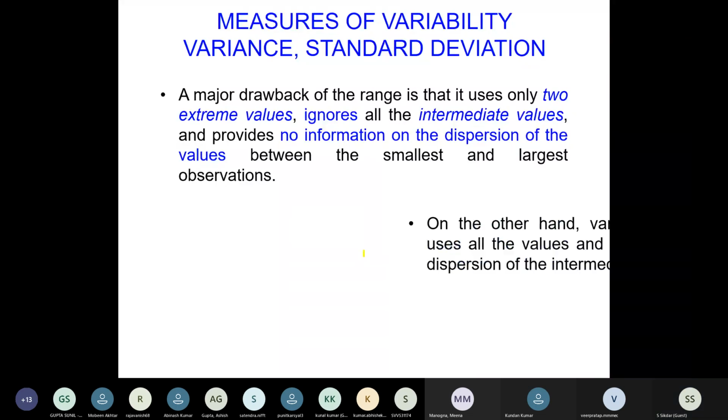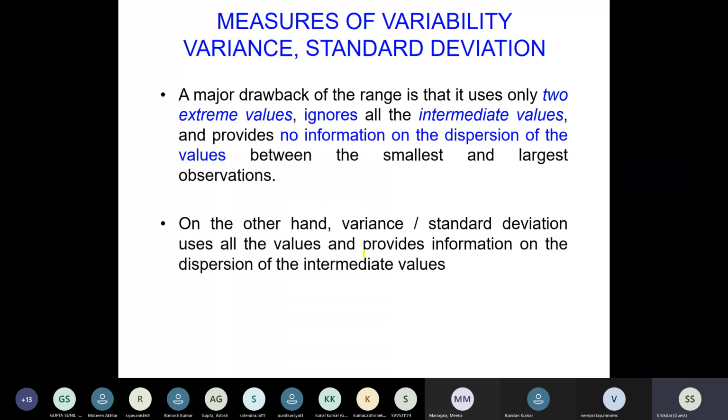On the other hand, standard deviation or the variance uses all the values and provides information on the dispersion of the intermediate values, because standard deviation is based on the difference between that particular value and the mean value, and then again the summation, squared, and all these things.